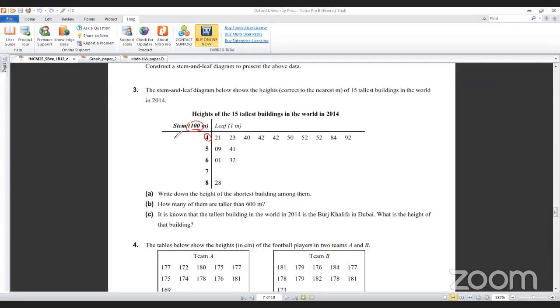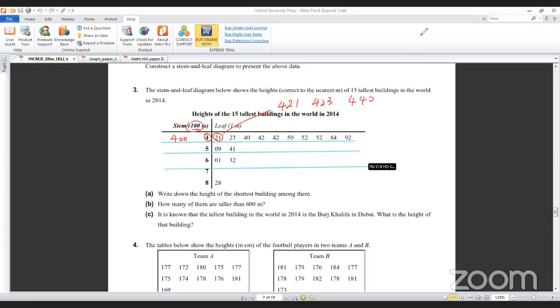Therefore, this 4 means 400 already. Together with this one, it means 421. Therefore, if I look at the first row, I know there's a number 421, 423, 440, something like that.